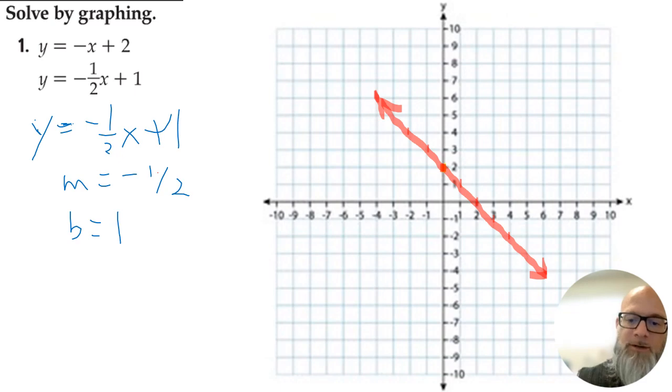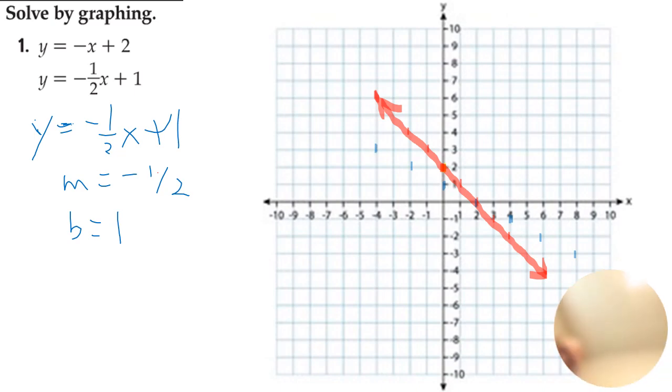So I'm going to come over here to 0, 1. That's my y-intercept. And then I'm going to go down 1 over 2. Down 1 over 2. Down 1 over 2. Down 1 over 2. Right. So let's see if I can graph this line here. Try best we can.